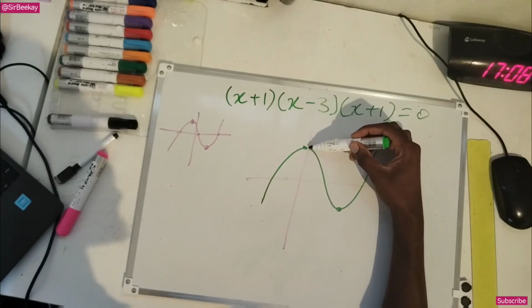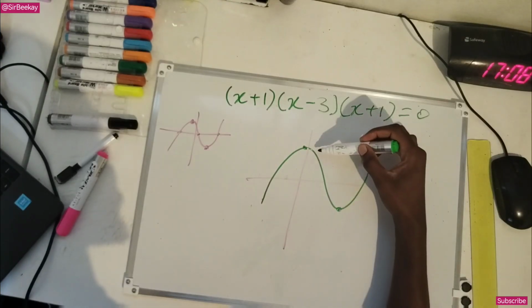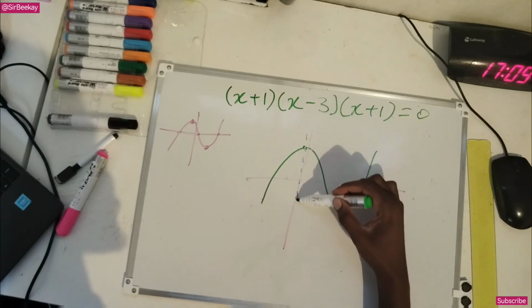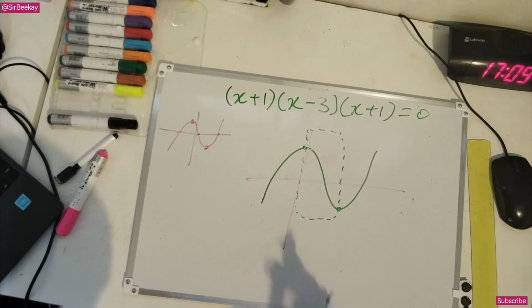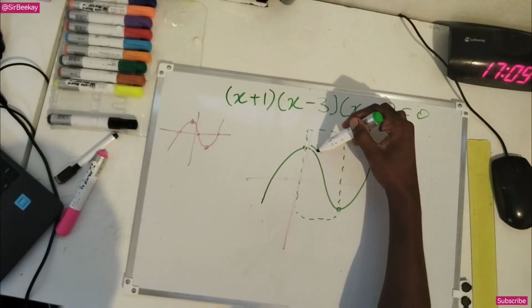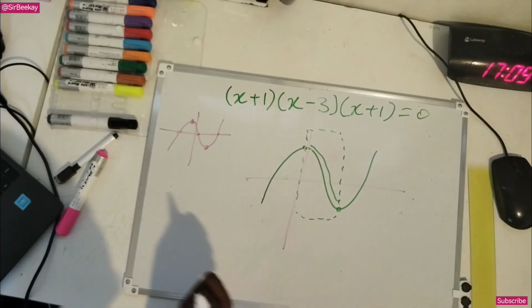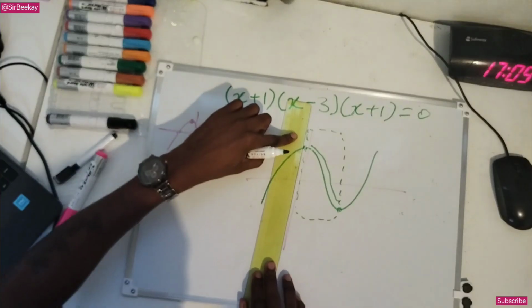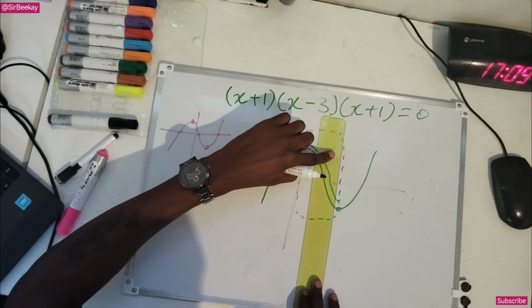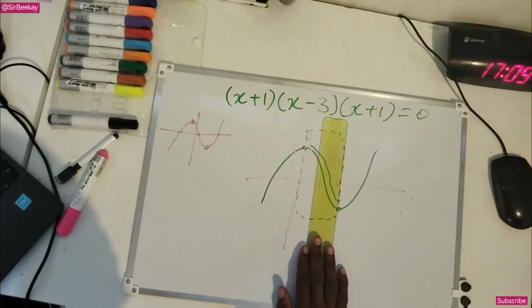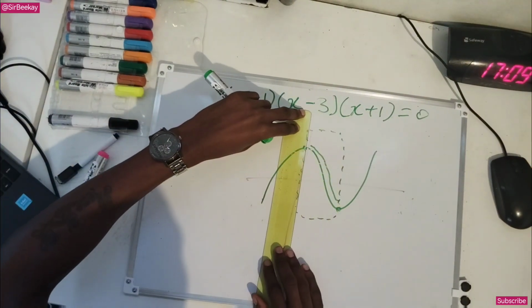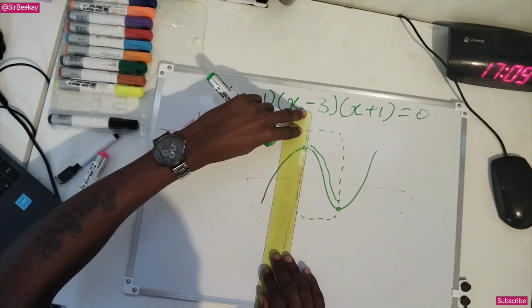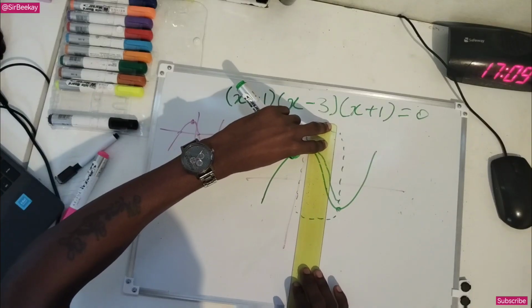From here up to here, on this portion of my graph, my portion of the graph is decreasing, meaning that the gradient here is negative.